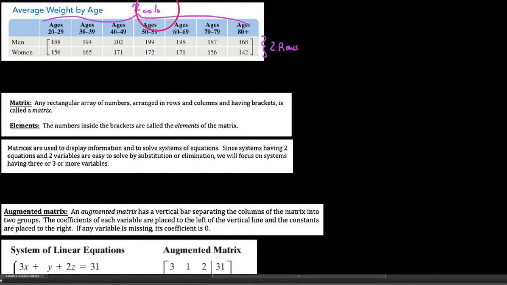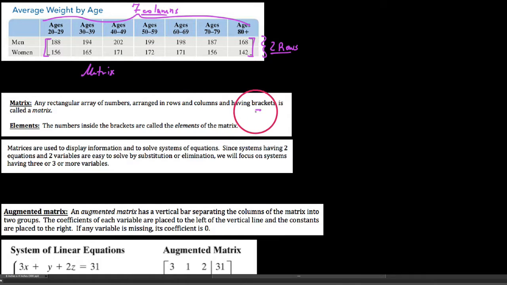We have this rectangular array, and anytime we organize numbers into a rectangular array that has a certain number of rows and columns, and we surround the data by brackets like this, we're organizing it into what we call a data matrix, or at least a matrix. A matrix is any rectangular array of numbers arranged in rows and columns and having brackets.